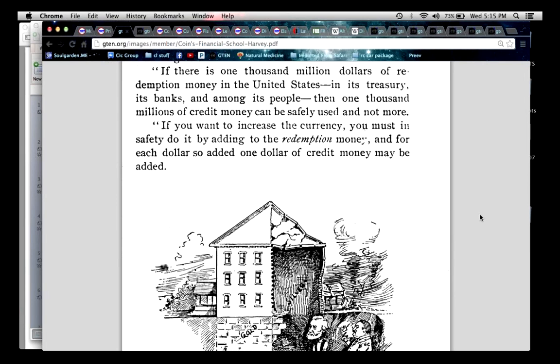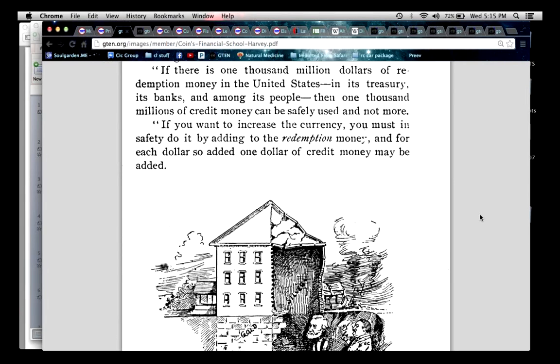If there is $1,000 million of redemption money in the United States in its treasury, its banks, and among its people, then 1,000 millions of credit money can be safely used and not more. If you want to increase the currency, you must, in safety, do it by adding to the redemption money, and for each dollar so added, $1 of credit money may be added.